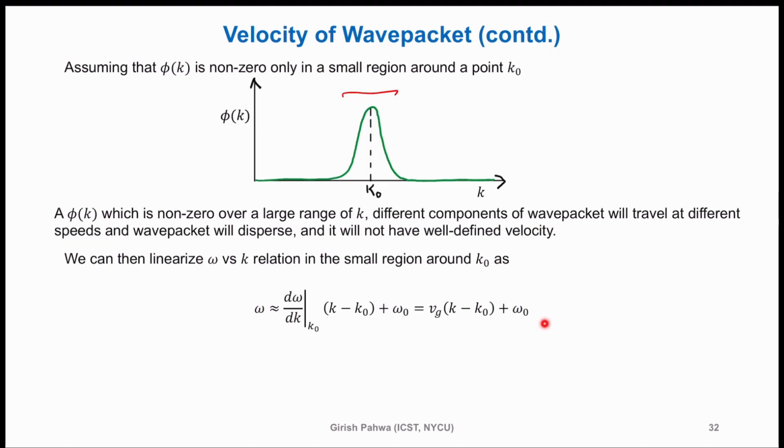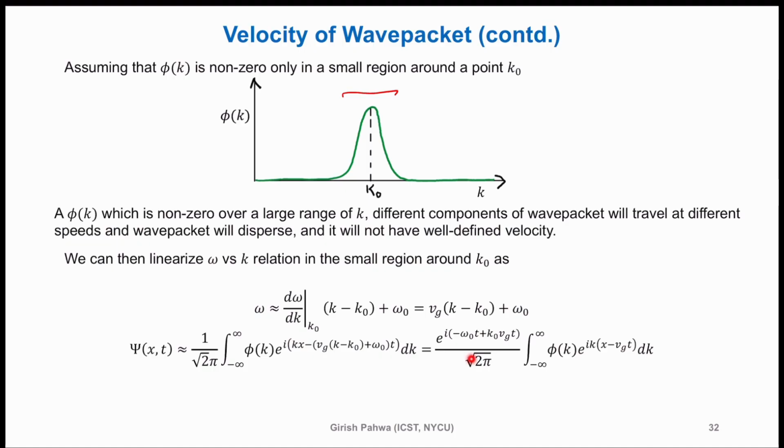Okay, now I have everything to plug back. So psi x comma t is 1 by root 2 pi, integral of phi k into e to the power iota kx minus omega t. Omega is given by this thing, so I plug that omega here: Vg into k minus k naught plus omega naught, into t.